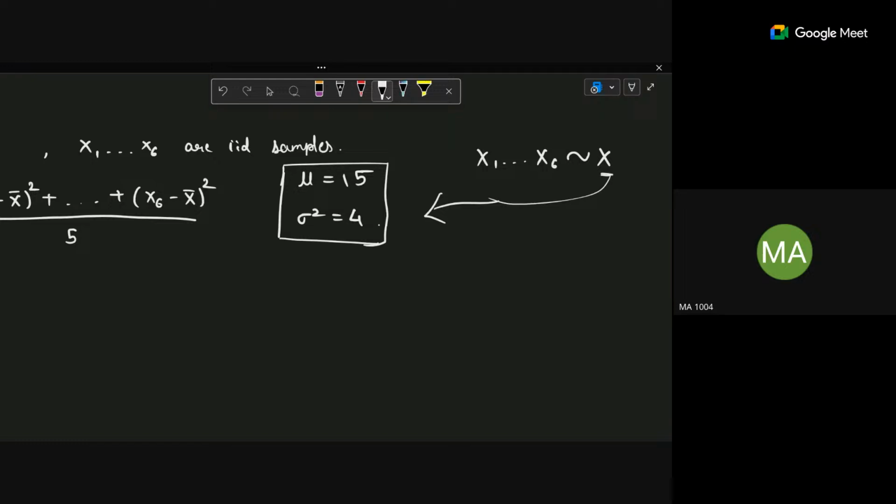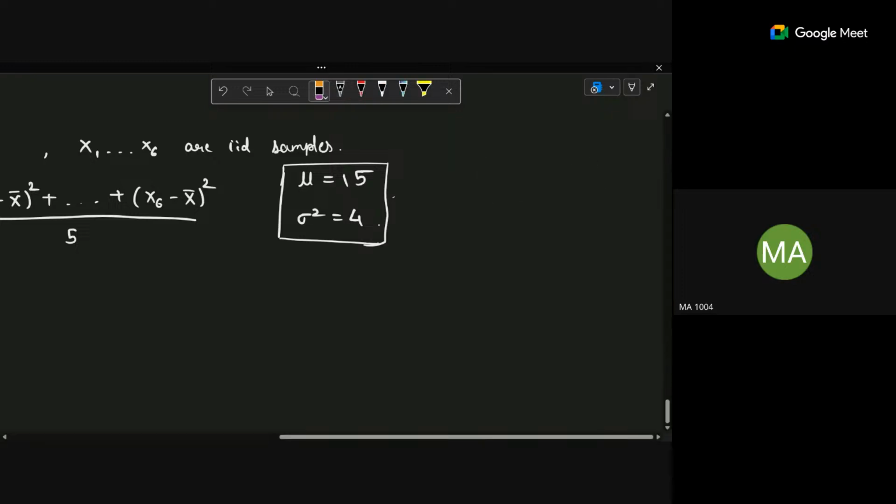It's actually the population mean and population variance only. But when you have to explain to someone, you can't just say it's a population. You have to explain that your x's are identically distributed as X, whose mean and variance are given to us.